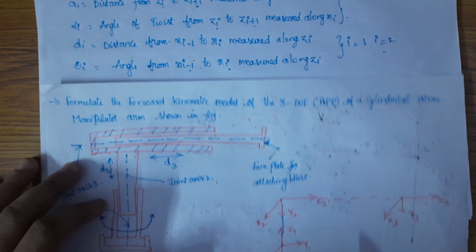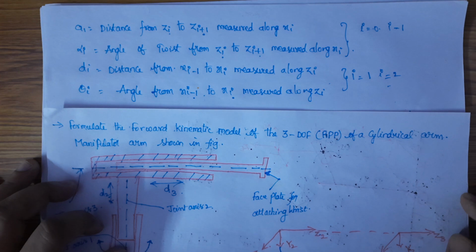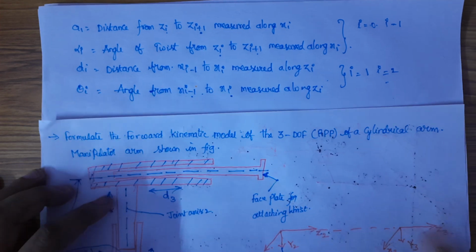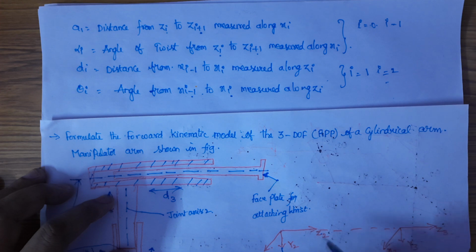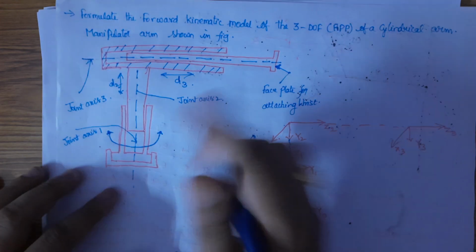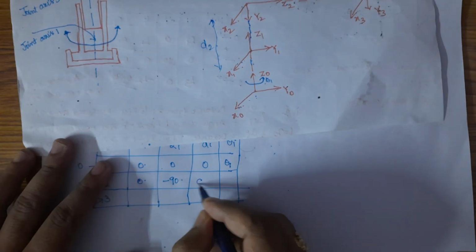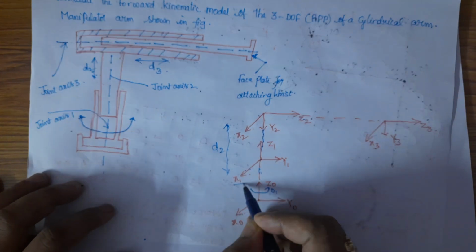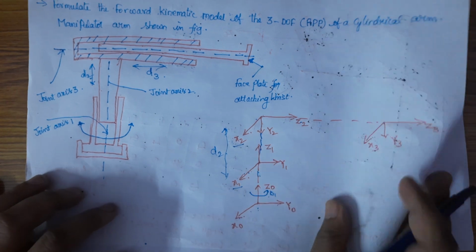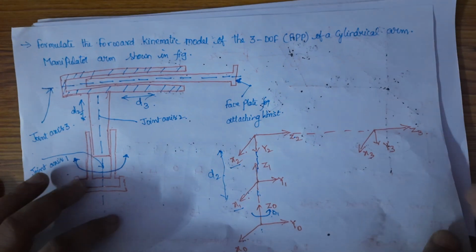The next one, the distance from x1 to x2 measured along z2. The distance here is mentioned as d2. So x1 to x2, the distance between x1 to x2 measured along z2.